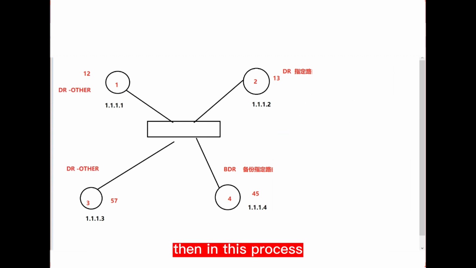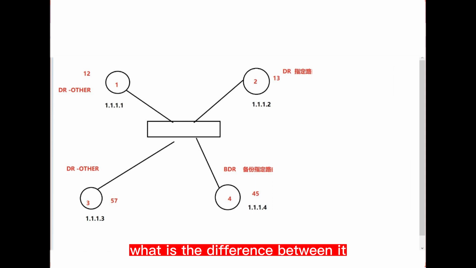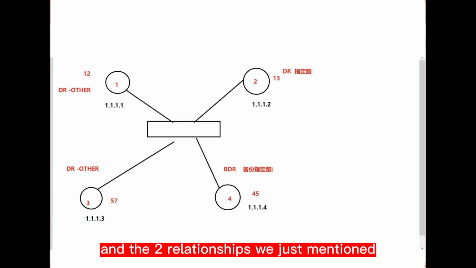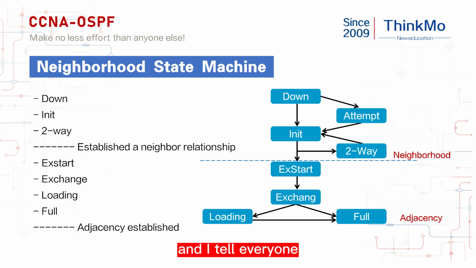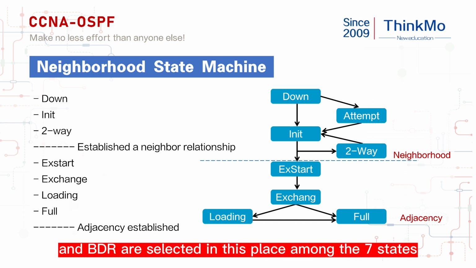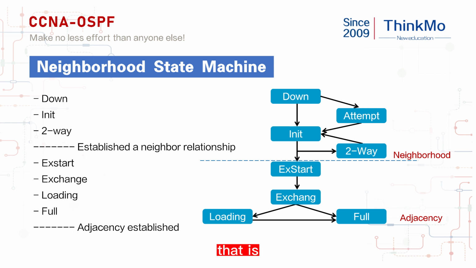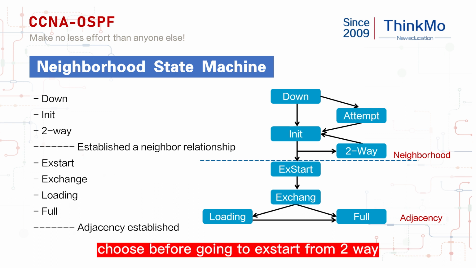Then in this process, what is the difference between it and the two relationships we just mentioned, establishing a neighbor relationship and establishing adjacency? What's the connection? I tell everyone, DR and BDR are selected at this place among the 7 states, that is, chosen before going from 2-way to Xstart.